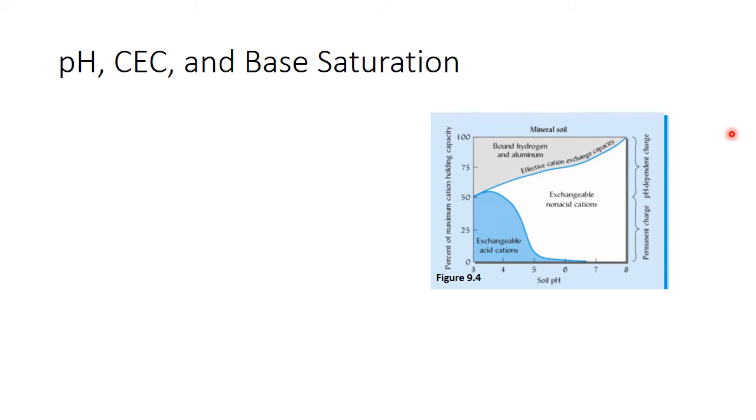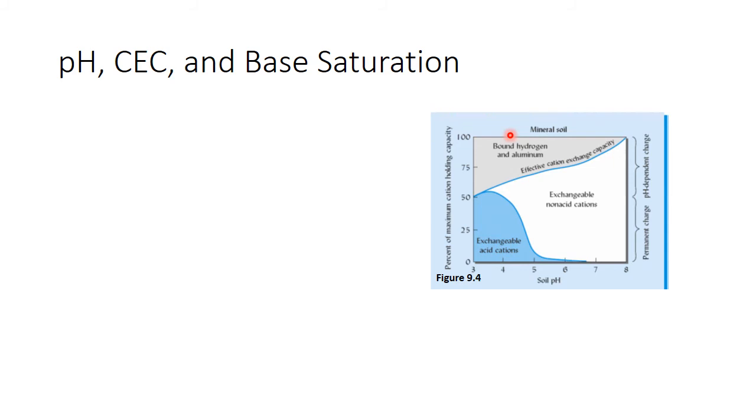If we think about those parking spaces as individual exchange sites, then as we lower pH and we have more aluminum and more hydrogen covering up those spots, that reduces the capacity to park other cations on the CEC. So the more acidic the soil is, the more aluminum and hydrogen there is, and we get bound hydrogen and aluminum, and we also have some exchangeable acid cations.